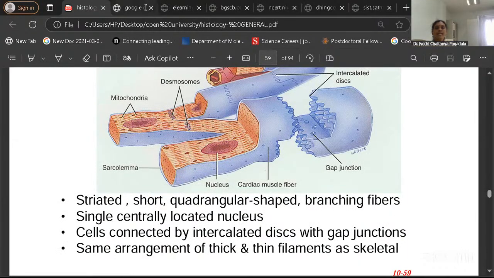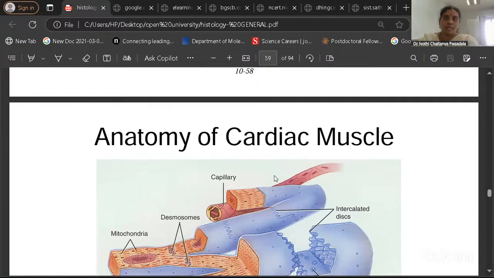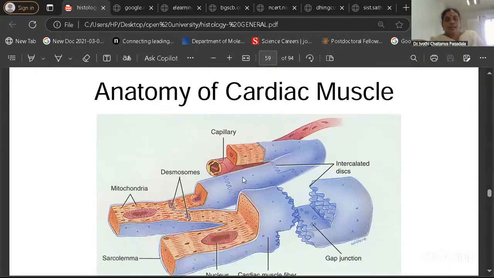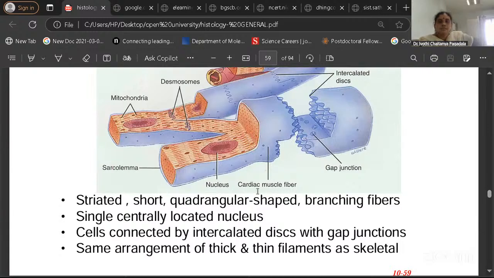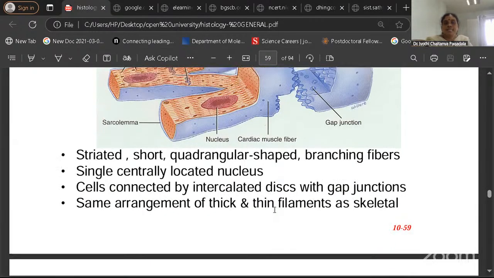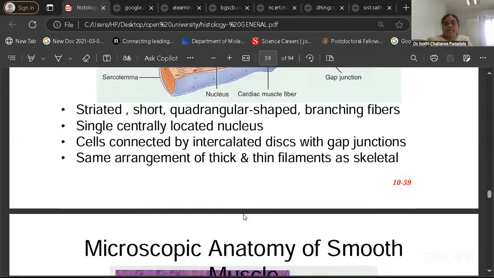The cardiac muscles are striated, short, quadrangular, branching fibers with a single centrally located nucleus. Here you can see cells connected by the intercalated disc with gap junctions. Same arrangement of thick and thin filaments as skeletal.